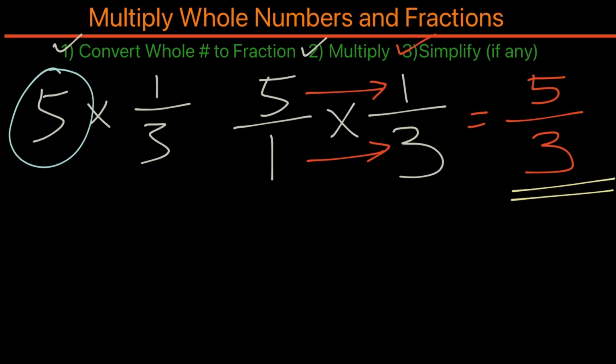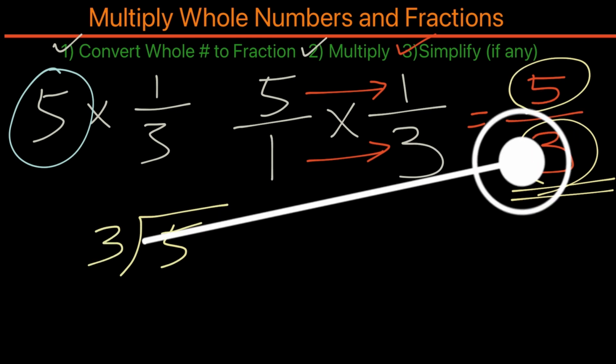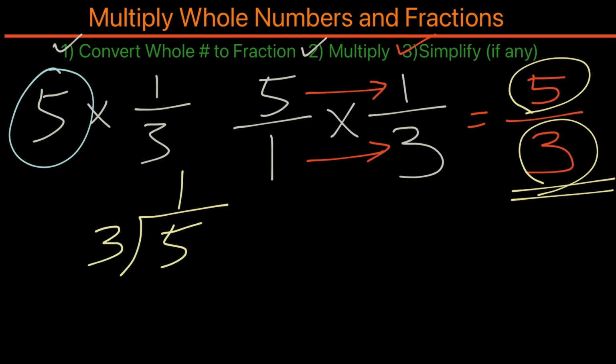However, it is an improper fraction because the numerator is bigger than the denominator. And in this case, to convert this to a mixed number, we would take the 5 divided by the 3. Here will be 1, 3 times 1 is 3, 2.